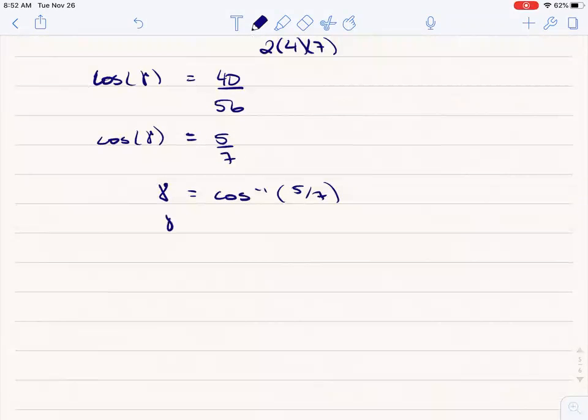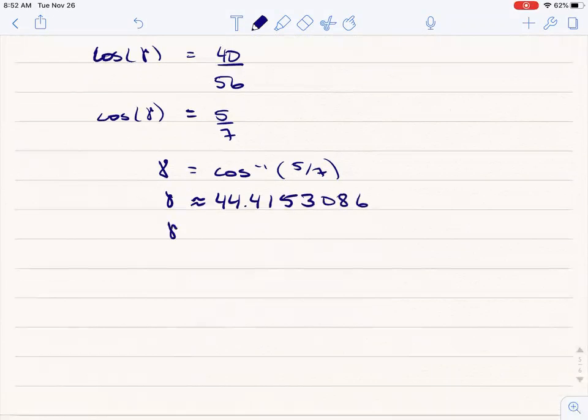I get gamma is roughly equal to 44.4153086. To hundredths, gamma is going to be 44.42 degrees.